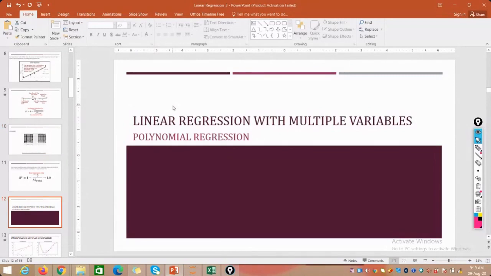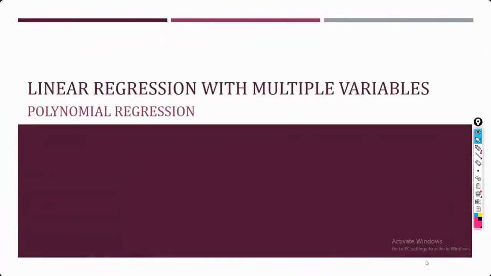Next we are going to cover multiple linear regression, and before that we will start with polynomial regression. Sometimes the relation between your input and output is linear, like this, sometimes like this.